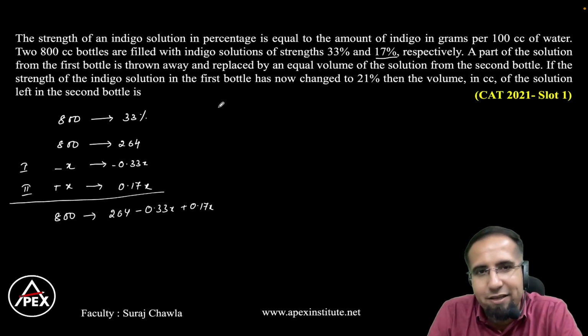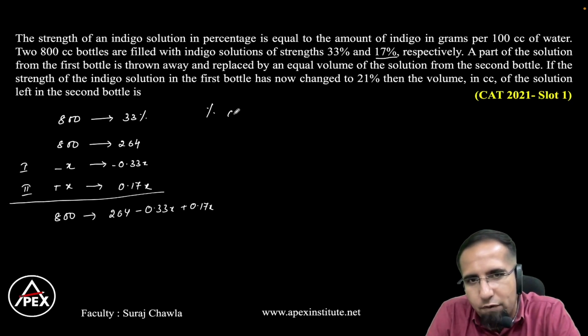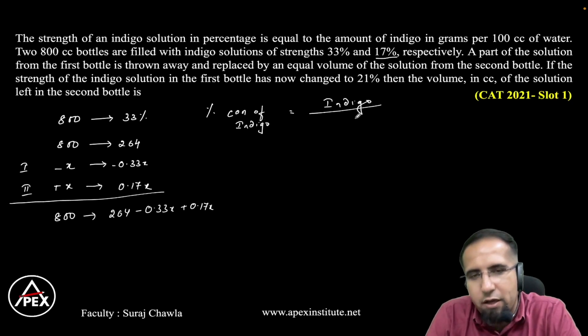Now the question says the strength of indigo in the first bottle has now changed to 21 percentage. Now how do I calculate the percentage concentration? Now always remember, if I am talking about percentage concentration of indigo, clear? Then it would always be the quantity of indigo divided by the total quantity of solution multiplied by 100.